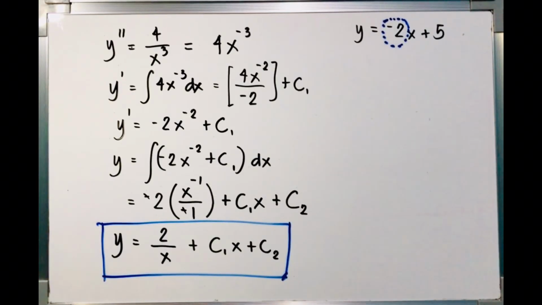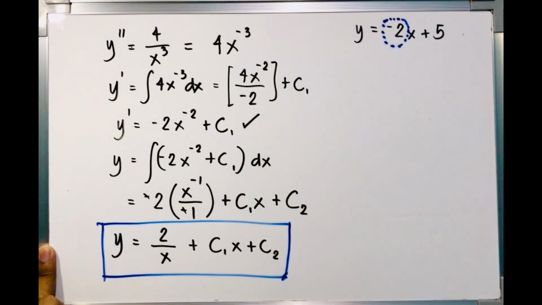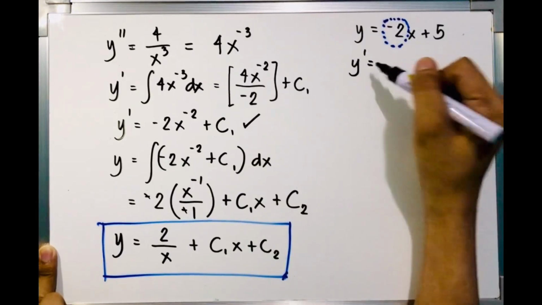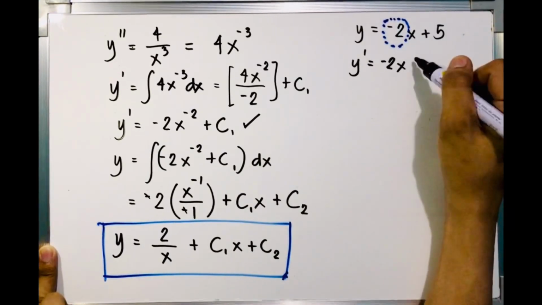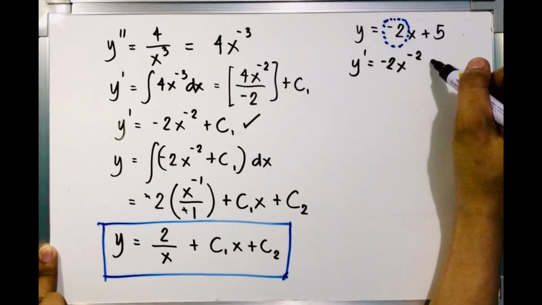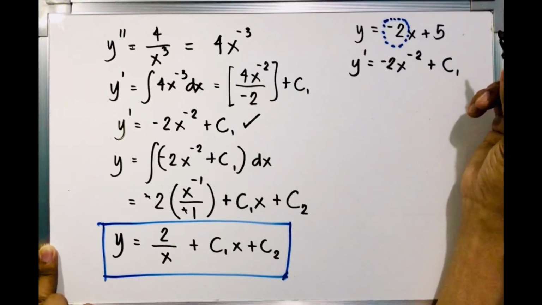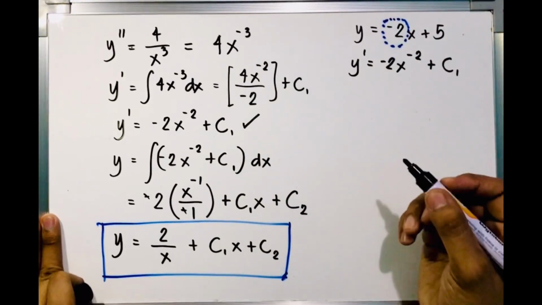And then, I will just get this equation at i-apply ko yung slope. Okay? So, y prime is equal to negative 2x to the negative 2 plus c1. Okay, so if I will apply yung negative 2 as the slope, di ba?